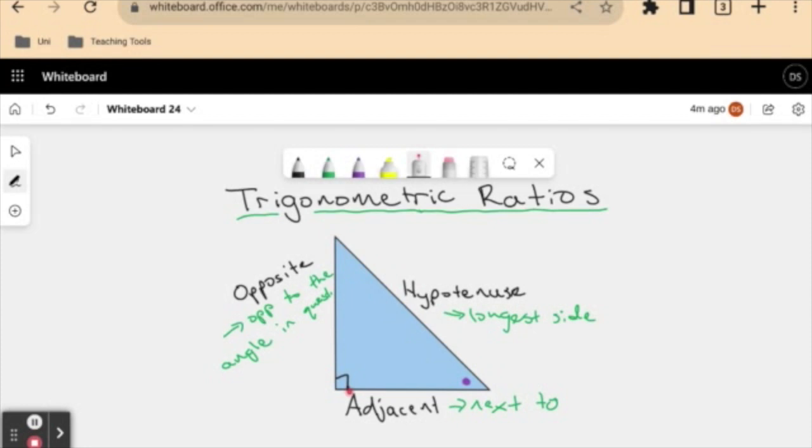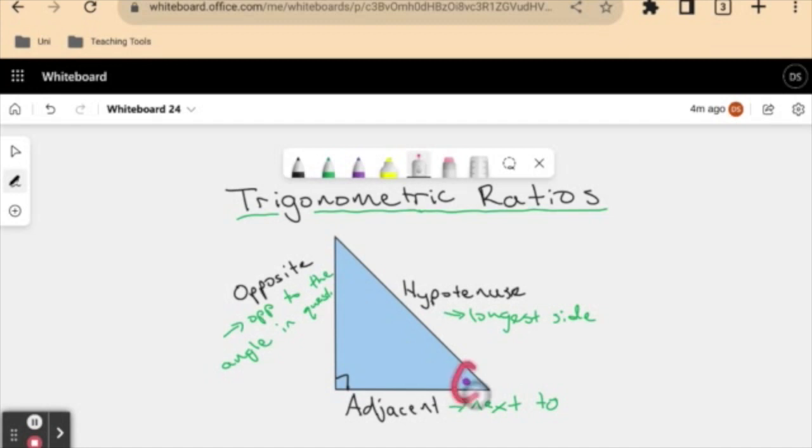So this will be the longest side. The other two become a little bit problematic because we have an extra two angles here, and the way we define those other sides is from the perspective of the particular angle.